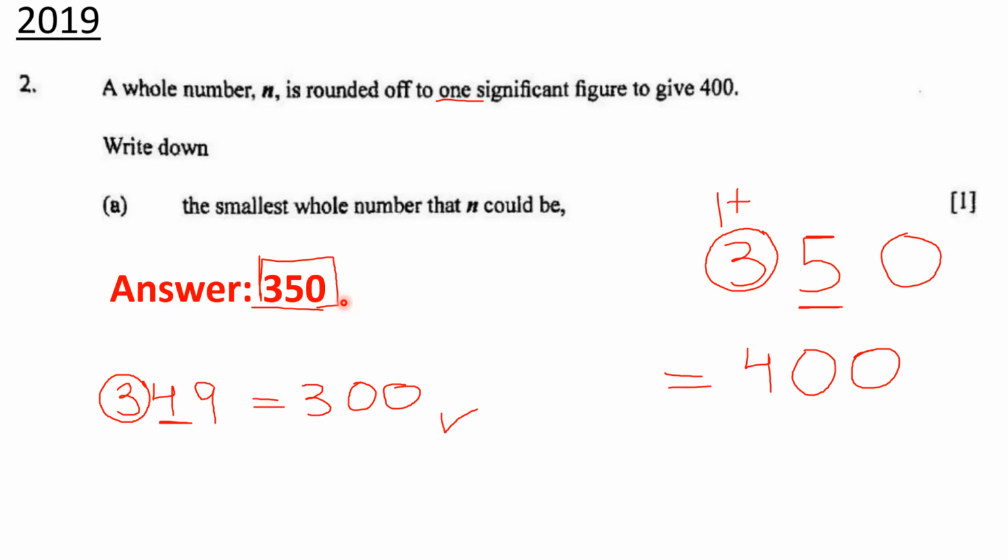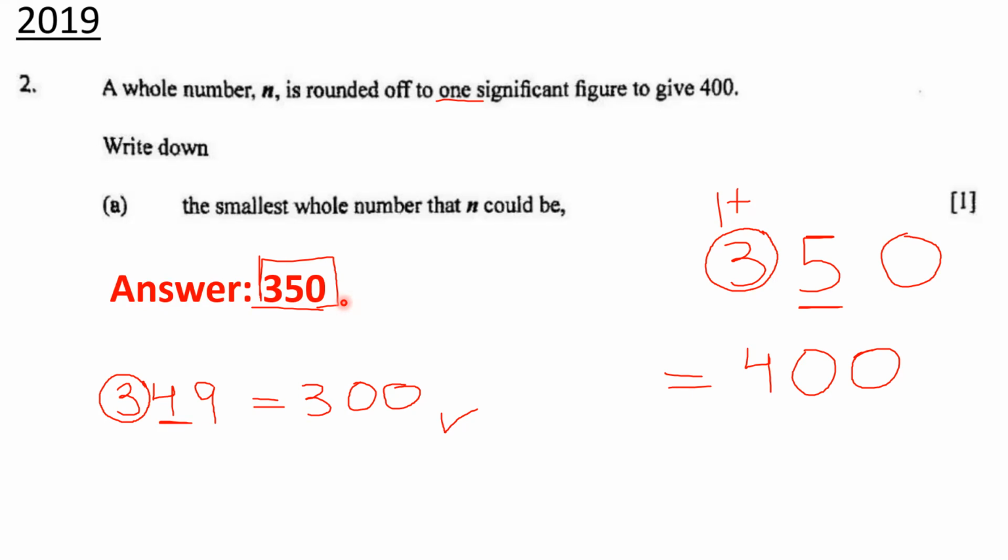But if when we go one step lower, we round off that number to one significant figure, and it is not equal to 400, then that means that 350 is indeed the lowest.